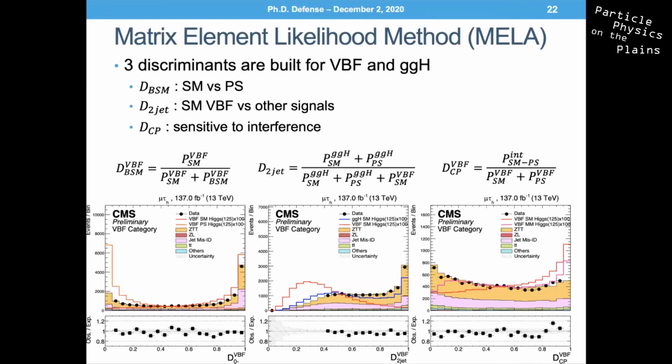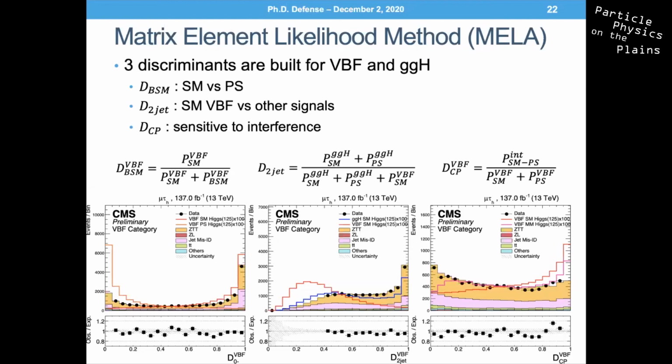We also build this D2 jet discriminant. This is useful for separating standard model VBF production from other signal productions, specifically separating standard model VBF from gluon-gluon fusion production.